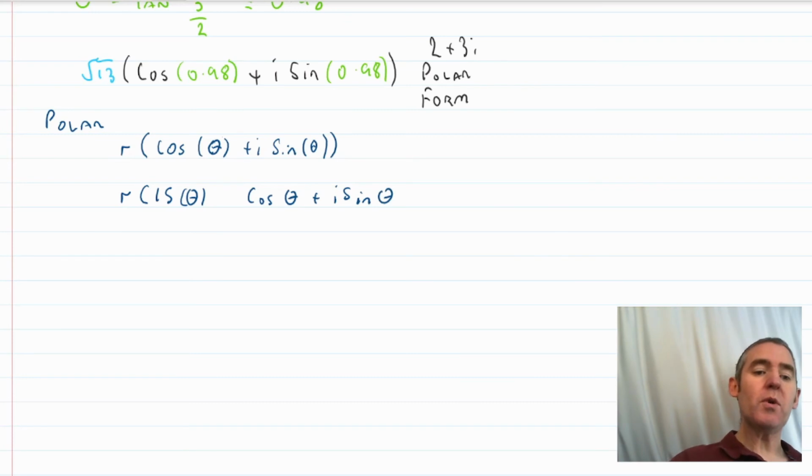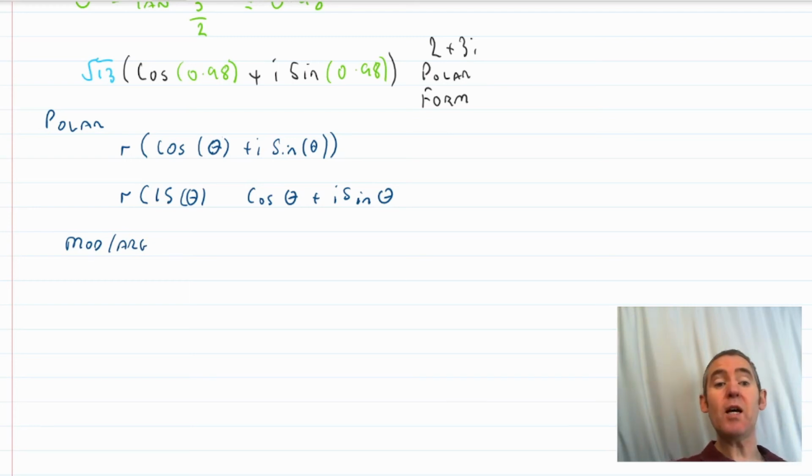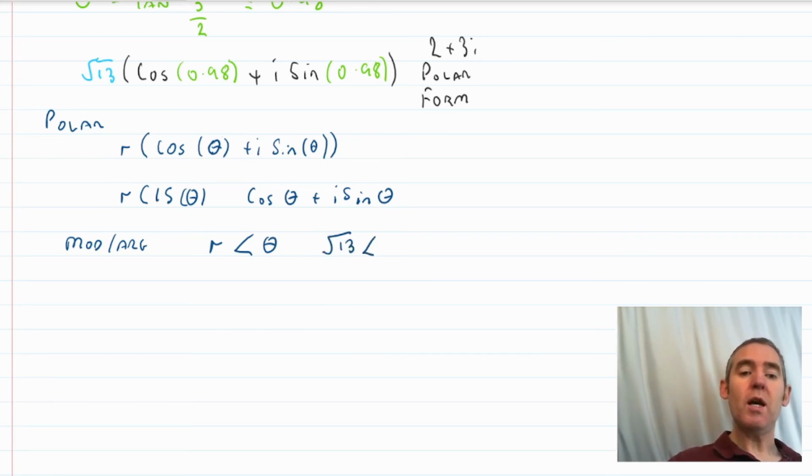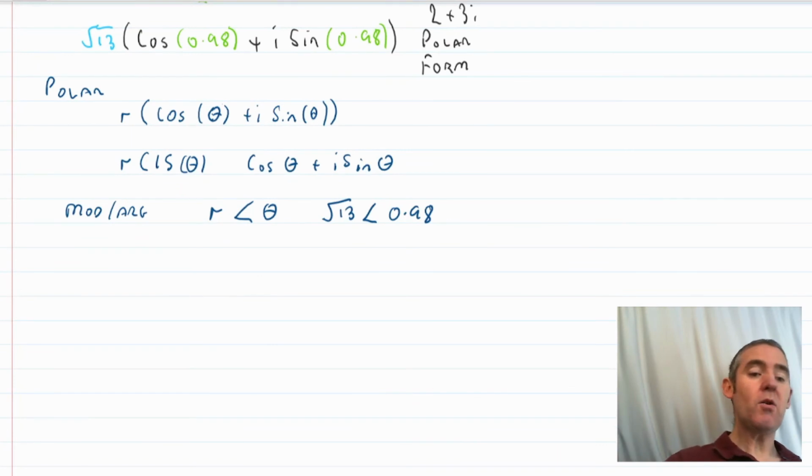Engineers also use another way to do it, called the mod argument way to represent it, and this is very concise, but it isn't used in the Leaving Cert. So it is just the r, and then you have an angle, and then you put in theta. So in this case it would be the square root of 13 angle 0.98. So you just have the mod argument. Another way to represent it is r e to the i theta.